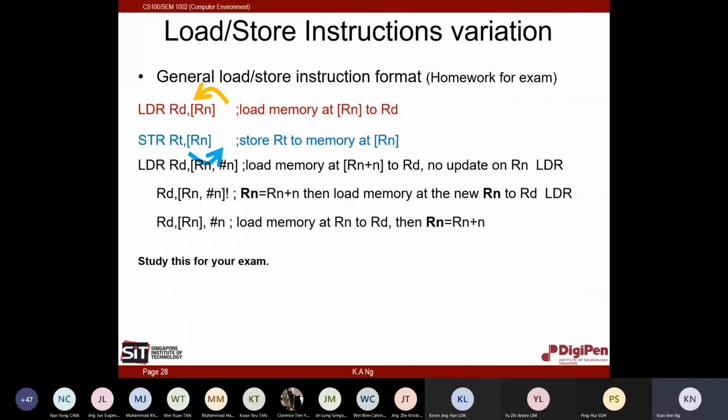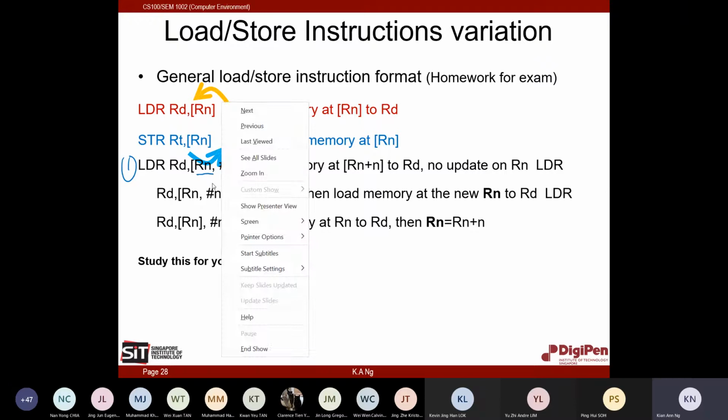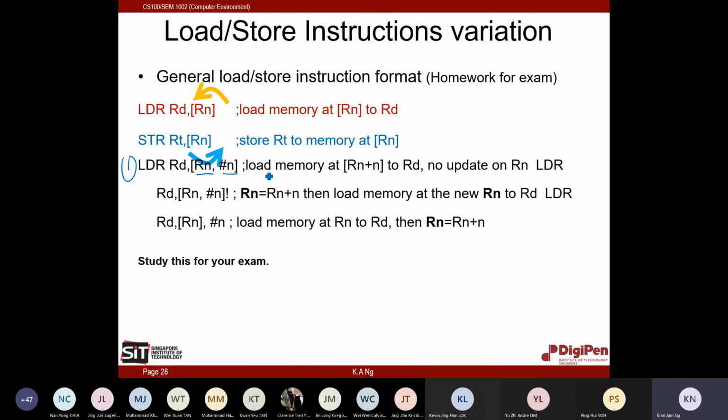Okay, this is just a summary of what I mentioned for the past 10 minutes. Just an example: pre-index access with offset, but no update. Pre-index access with update to the source register.